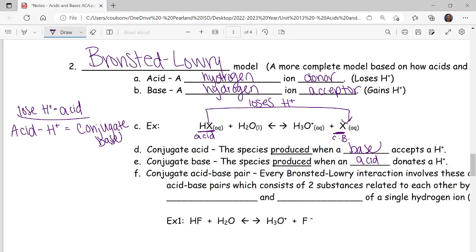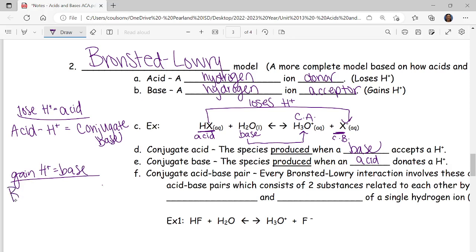So if HX is my acid, then what does that make water? The base. And the base is going to be paired with the conjugate acid. So if you gain H plus ions, you are a base.